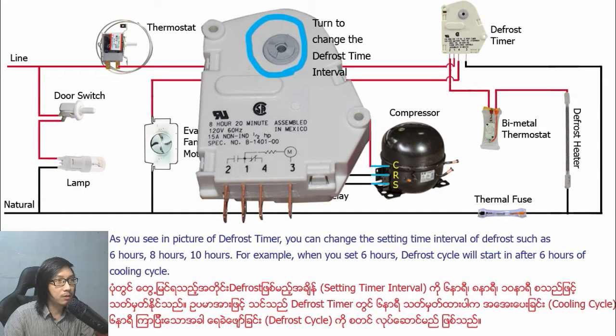As you see in the picture of the defrost timer, you can change the time interval of defrost, such as 6 hour, 8 hour, 10 hour. For example, when you set 6 hour, the defrost cycle will start after 6 hours of cooling cycle.